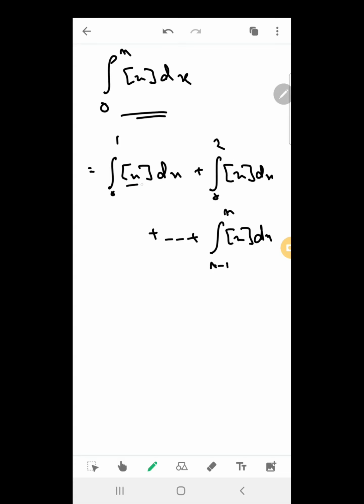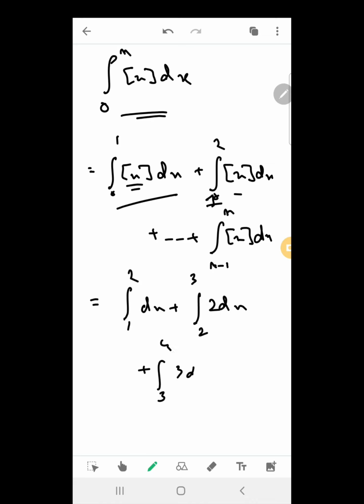Now you need to put the value of box x in each range. In the range 0 to 1, the value of box x will be 0, so this portion is omitted. In 1 to 2 it will be 1, so 1 to 2 dx, plus 2 to 3 2 dx, plus 3 to 4 3 dx, and so on.